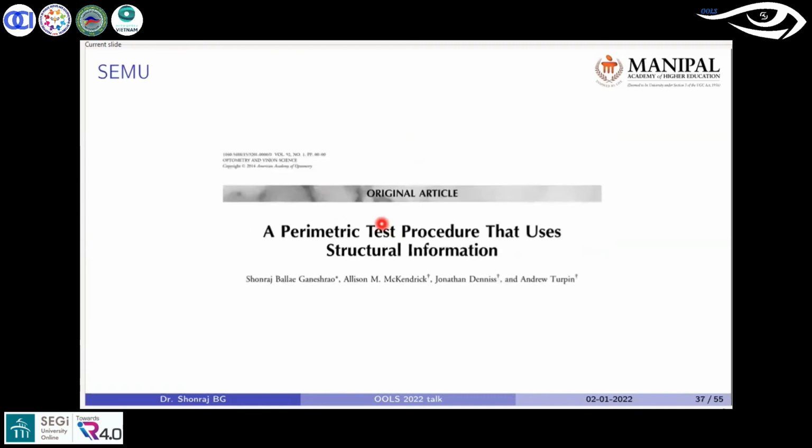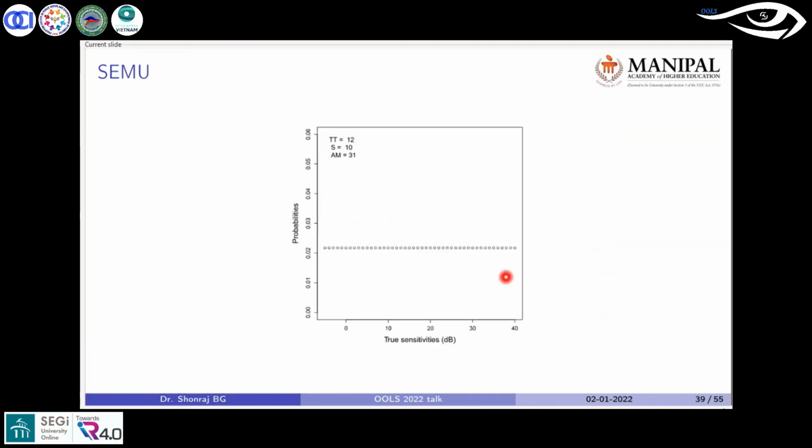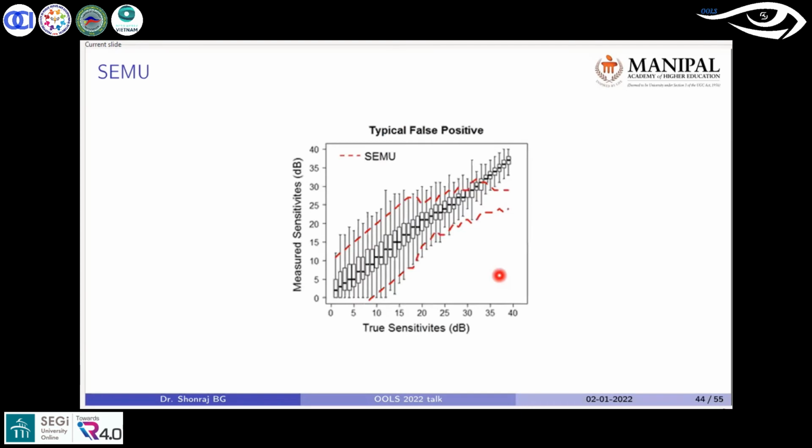So that's how this perimetric test procedure works, and we published this in OBS. It uses a complicated decision tree modeling to narrow down the priors. I'm not going to explain this; it is completely out of the scope of this talk. So it uses a complicated method to identify this, and then what we found out is this.